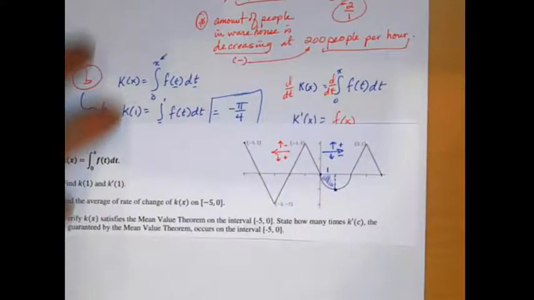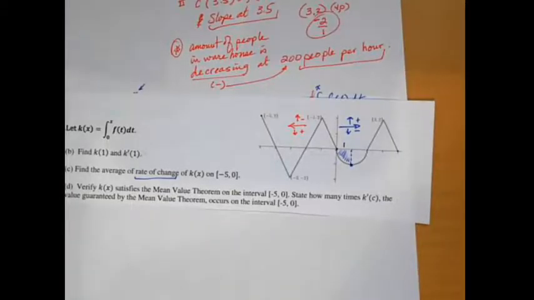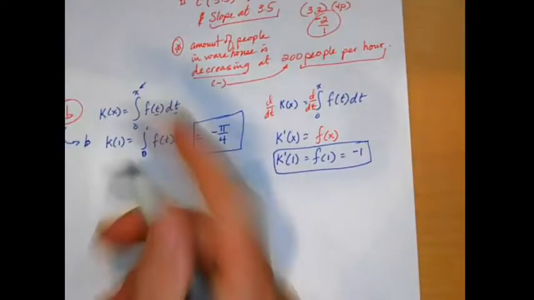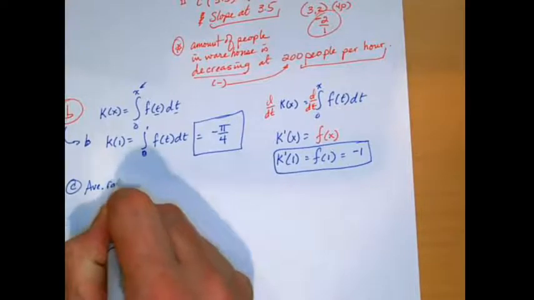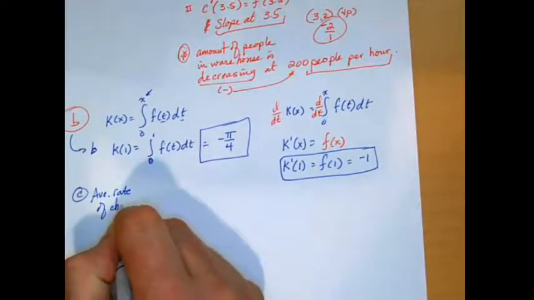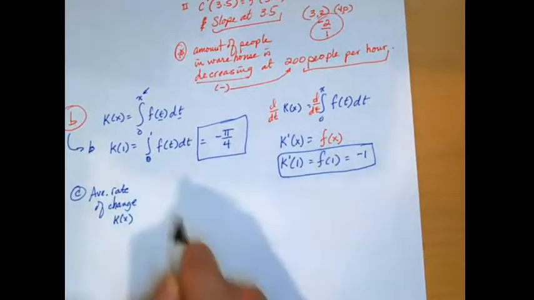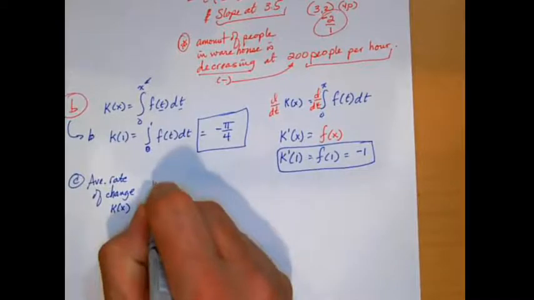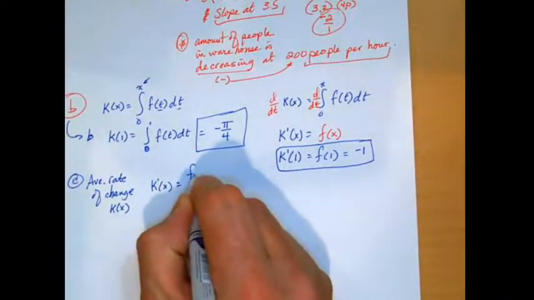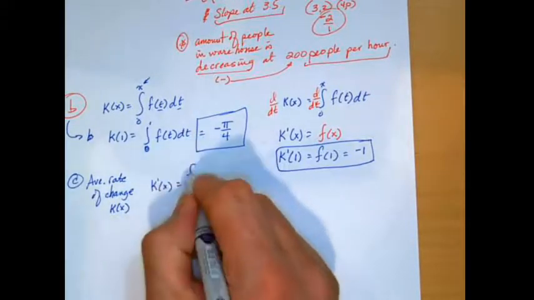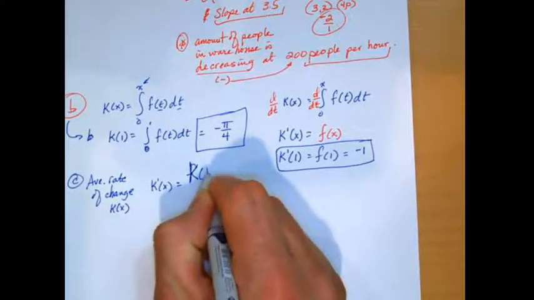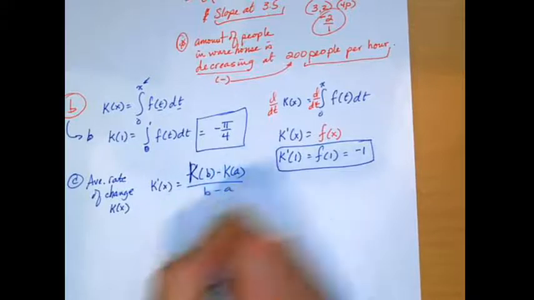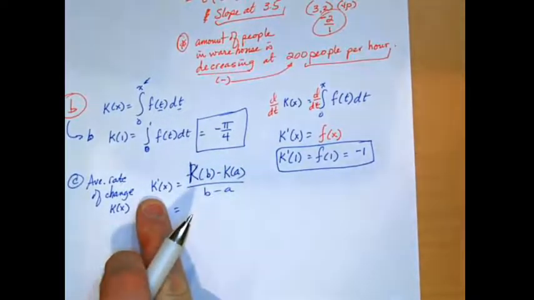All right, part C finds the average rate of change of K of x on -5 to 0. The average rate of change of K of x is going to be K of b minus K of a over b minus a, and they want to know the average between -5 and 0.